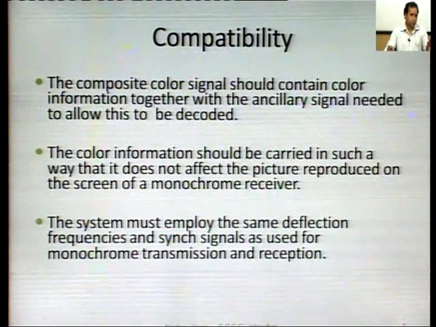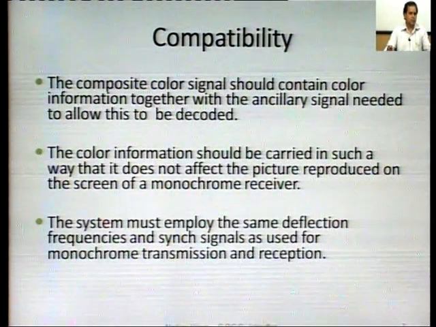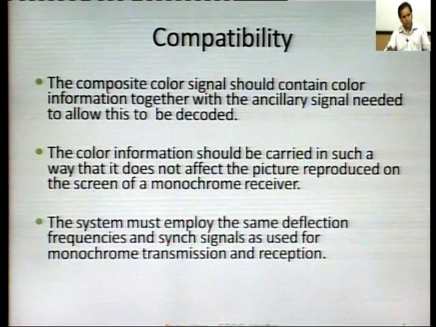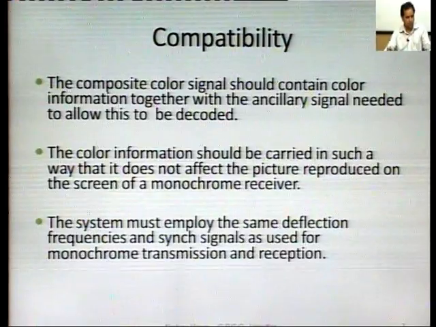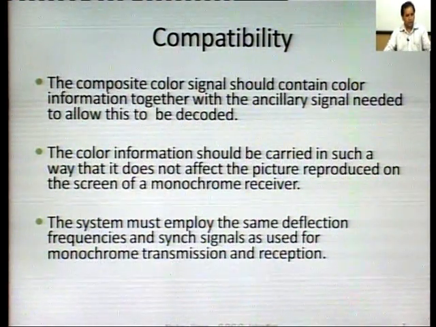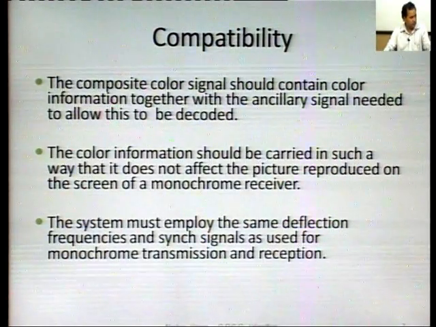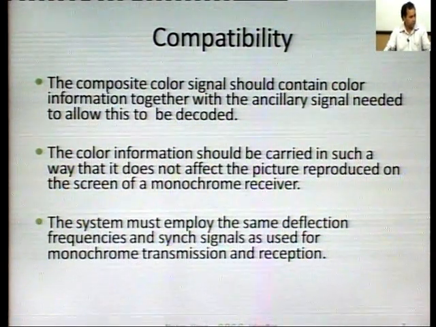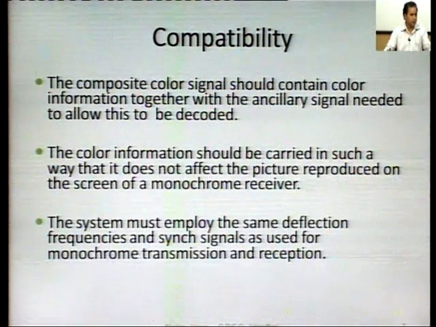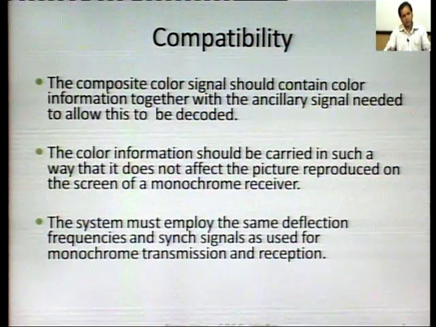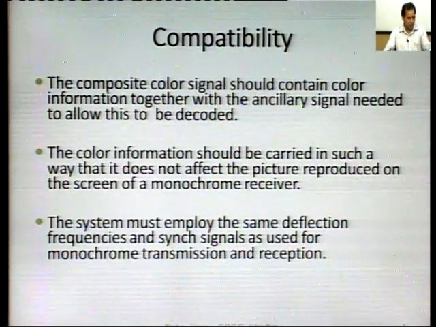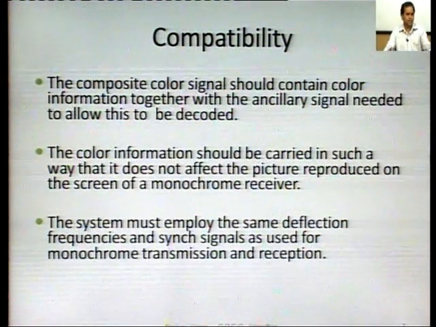So, it should be carried in such a way that it does not affect the picture reproduced. When it is multiplexed, it will not interfere with the actual monochrome picture, and it will be available on the monochrome receiver screen. If the receiver is monochrome and the input is the color signal, then minus the color, the other information will be displayed. It means the corresponding black and white information will be displayed in the same proportion.